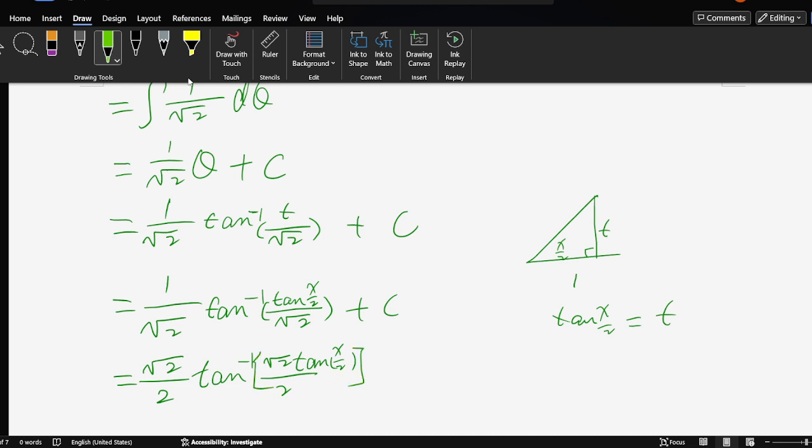And all this part, I show you, arctangent holds this part's value, and this tangent x over 2 is another thing. So plus c. This question looks very long, but it's right.